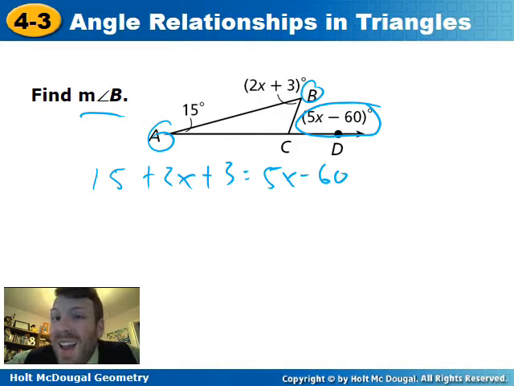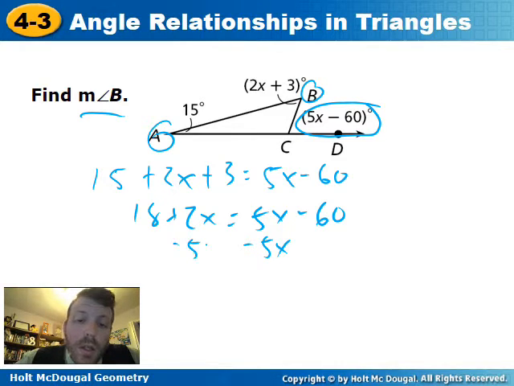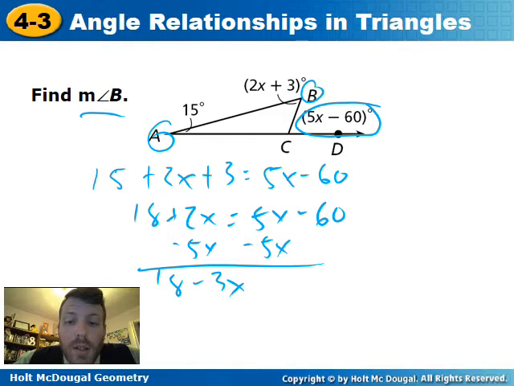Okay, so now I got this equation. Let's just go ahead and solve it. It's real easy. You got 15 and 3 make 18 plus 2x equals 5x minus 60. I'm going to take my x's to one side, numbers to the other. You're going to subtract 5x, and you're going to still have 18, and you're going to have minus 3x equals negative 60.